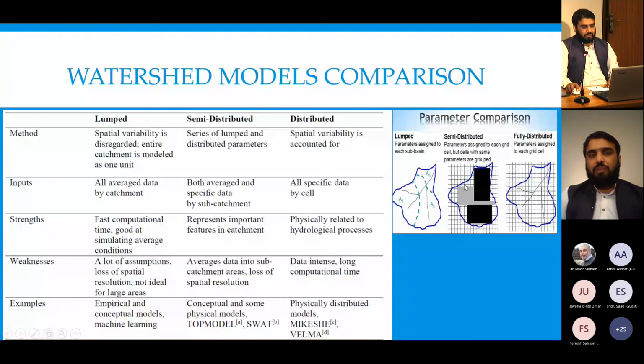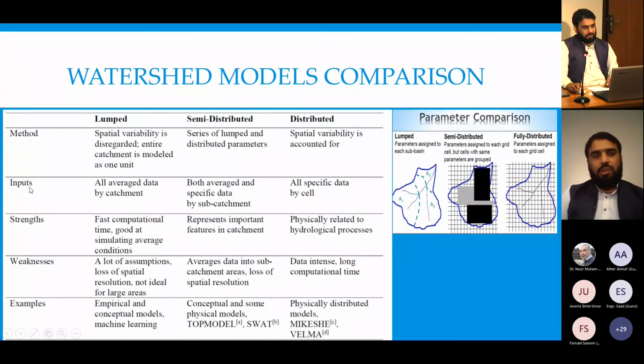So a series of lumped models combined together is called semi-distributed, whereas in fully distributed, every cell is accounted for. The rainfall runoff modeling is carried out at every cell of the catchment.